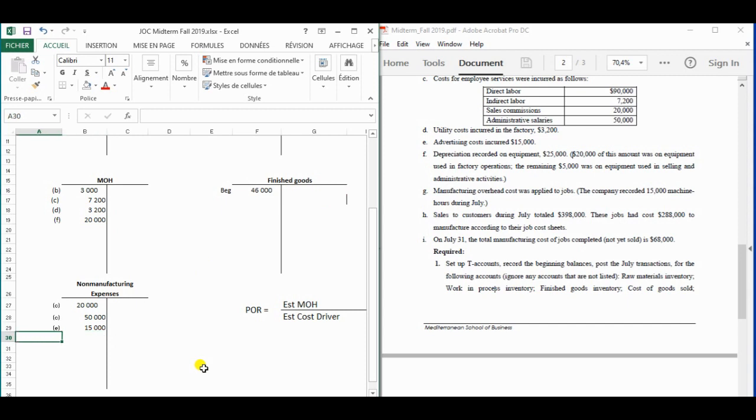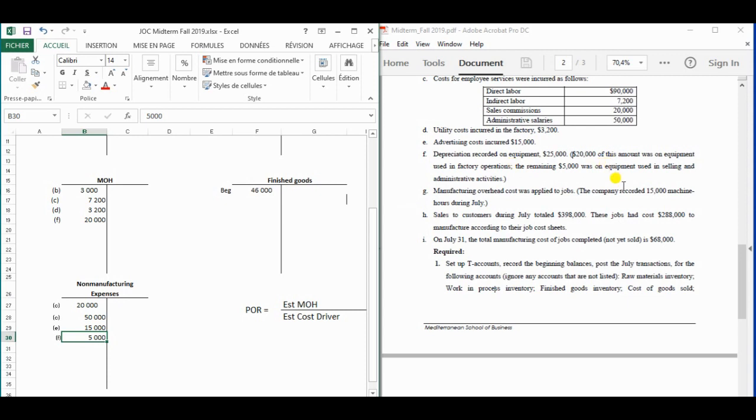It will be non-manufacturing expenses, so $5,000.